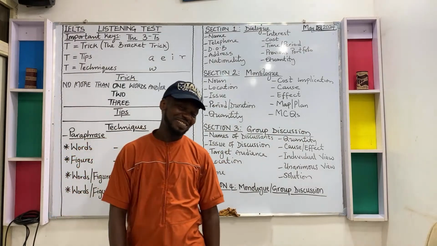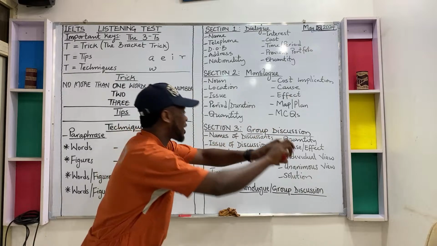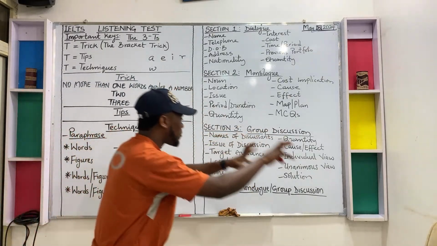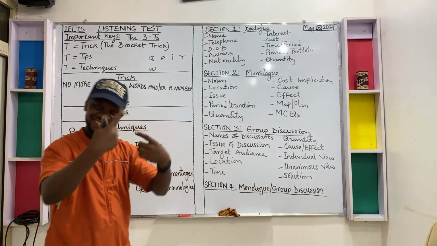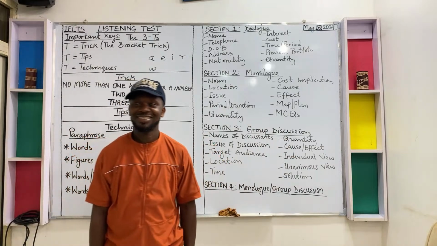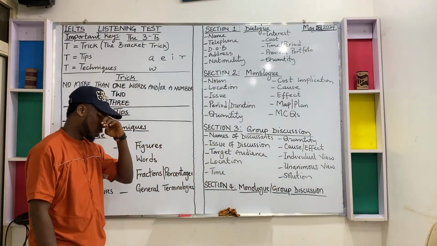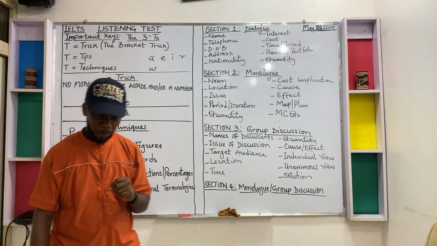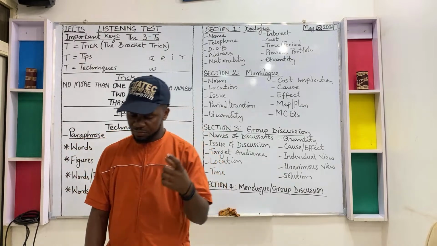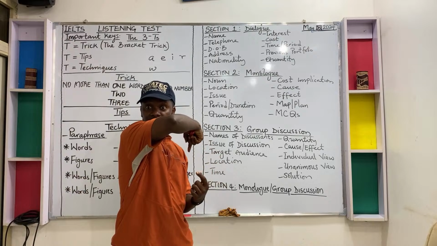So if there are first 3, 4 or 5 digits, all you need to do is listen attentively to observe whether the person is repeating the same digits.